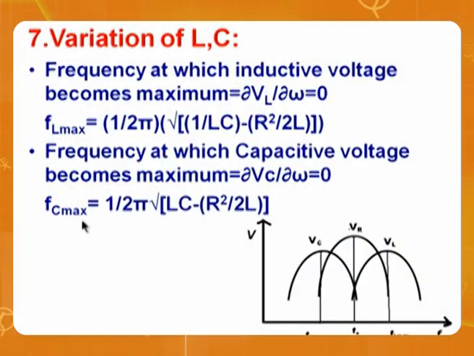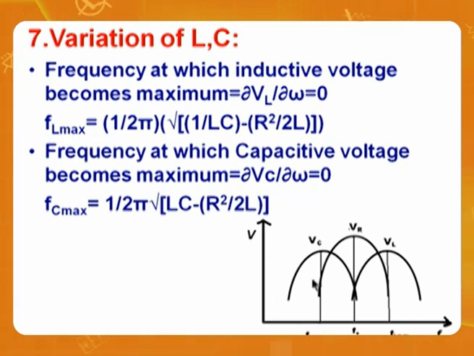Then variation of L and C. The frequency at which inductive voltage becomes maximum, dou VL by dou omega equal to 0, gives 1 by 2 pi root of 1 by LC minus R square by 2L. The frequency at which capacitive voltage becomes maximum, dou VC by dou omega equal to 0 here. By this, you can understand, look at the curve please.